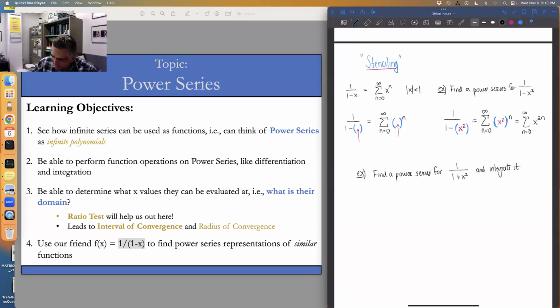So the first part, we're looking for a power series for 1 over 1 plus x squared. Now this looks awfully similar to the last problem, except there's one big difference. We have a plus sign in the denominator, whereas previously we had only negative signs.